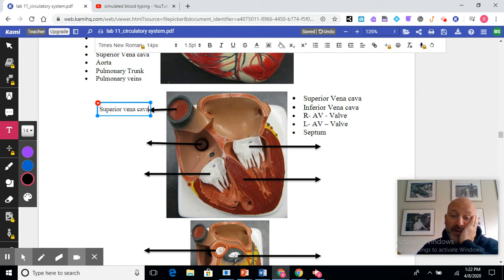And then we have the different valves. Over here, this is the left AV valve. This is the septum.